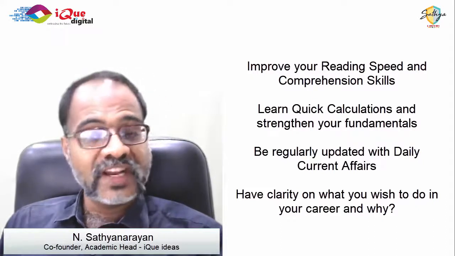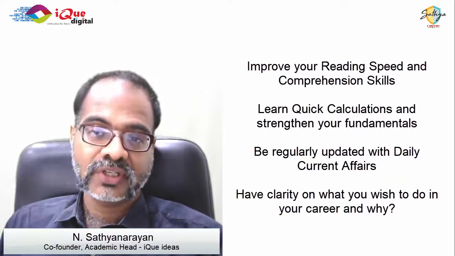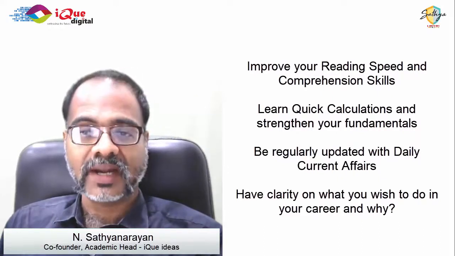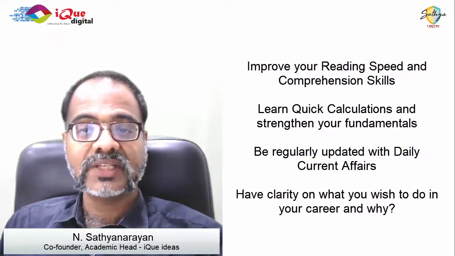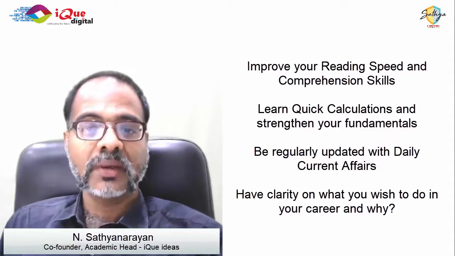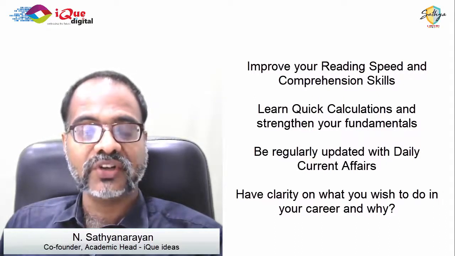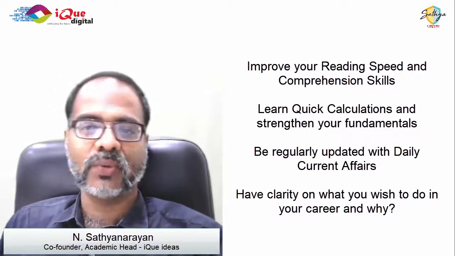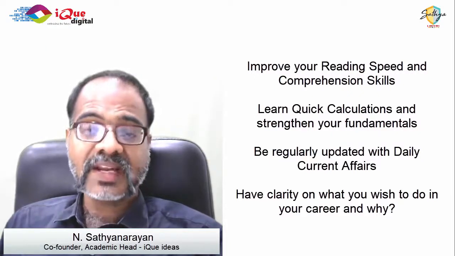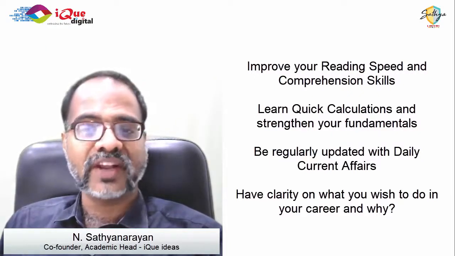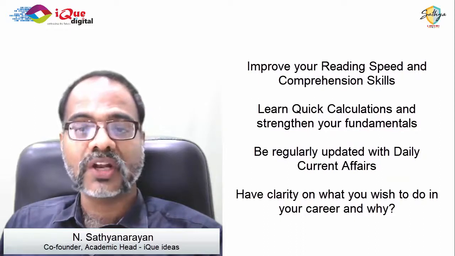You need to be very good at basic calculations. Clear your fundamentals in mathematics, which would include the basics of quick calculations, percentages, averages, ratio, and working with linear equations. Make it a habit to update yourself regularly with the news around the world.